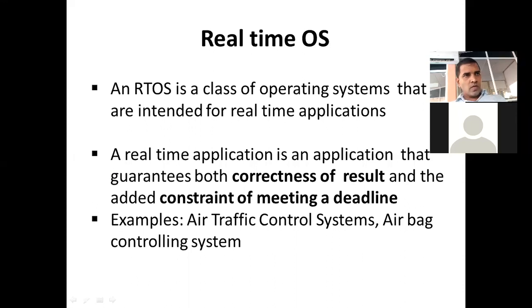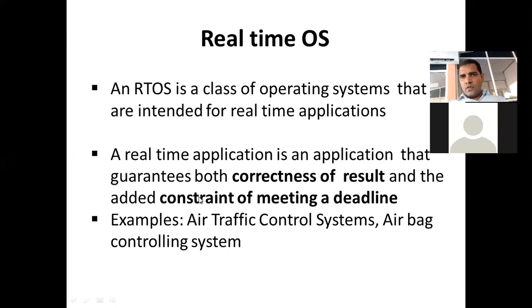So try to understand this one. These are the 4 types of operating system. First one, single user, single task, one user, one task. Remember the examples: MS-DOS, Windows 95, Windows 98. Then we talked about multi-user multitasking, right? Many users can work and also they can perform many tasks simultaneously. I mentioned Linux and Windows Server.